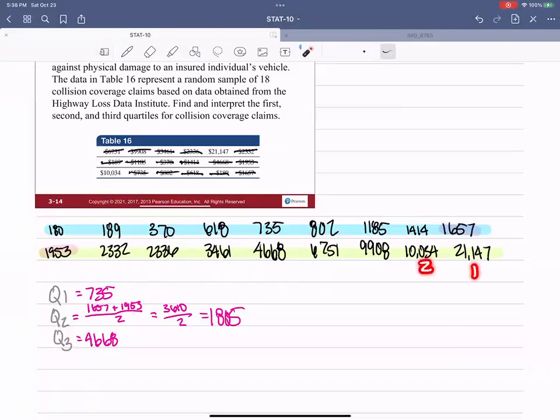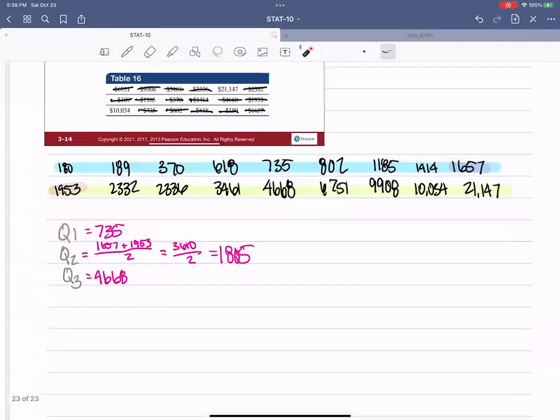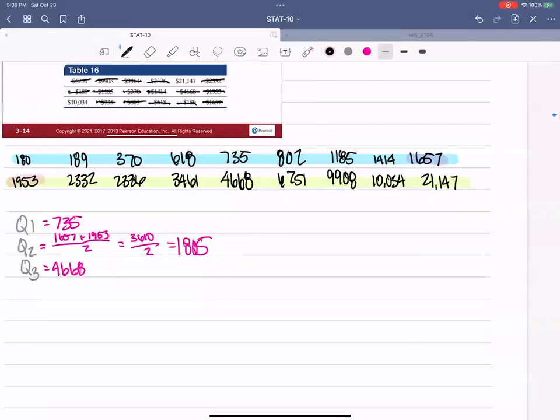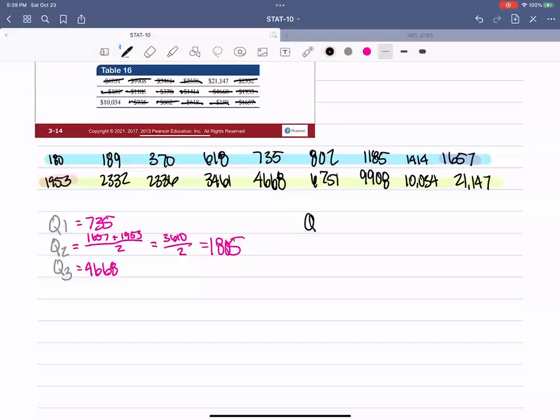But it also works if we count backwards. So 1, 2, 3, 4, and 5. So it's always going to be the middle number because it's the middle number of that set. So it doesn't matter if we count from the bottom up or from the top down. It's always going to be the middle number. So here, just to make it a little bit neater, because we have things all over the place in different colors, we have our first quartile equal to 735.